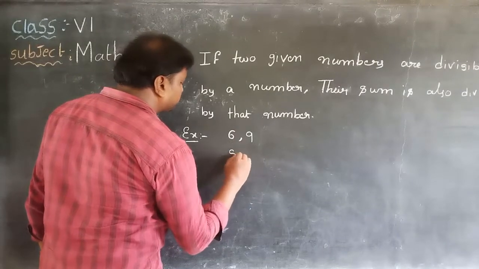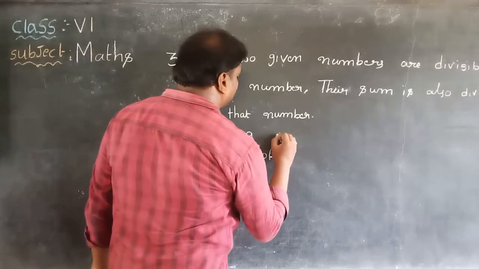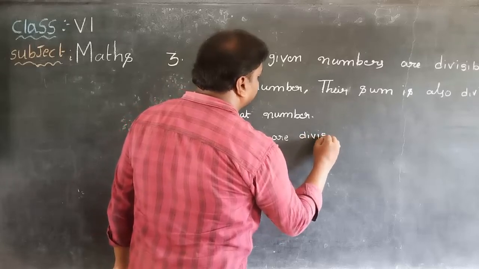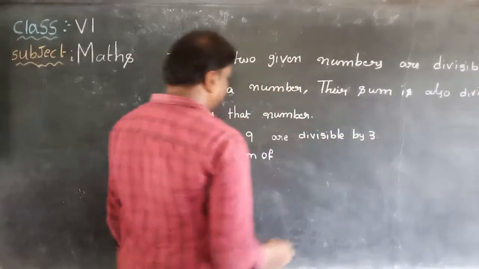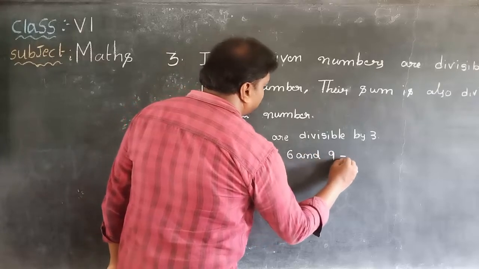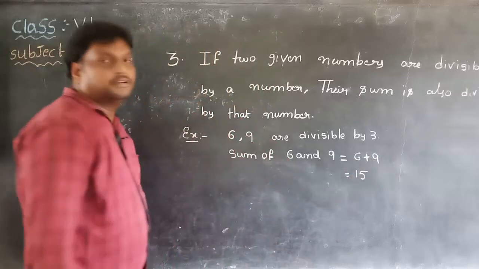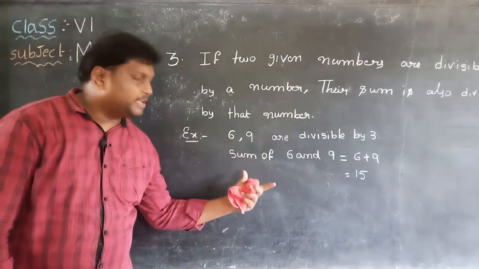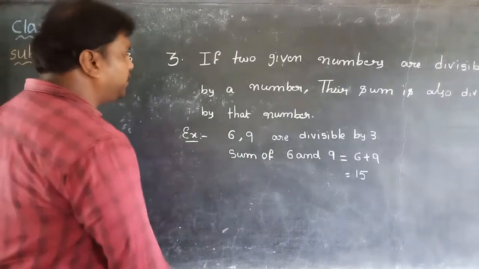Then the sum of 6 and 9 is equal to how much? 6 plus 9 is equal to 15. I am taking two numbers 6 and 9. These two numbers are divisible by 3. Now I am taking the sum of 6 and 9. If you add 6 and 9 you get 15.